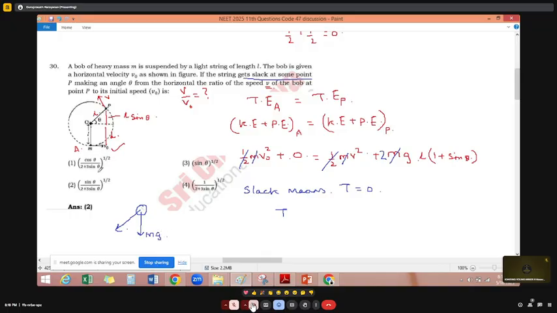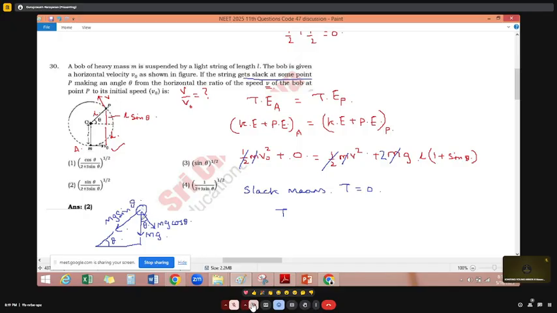If this is theta, this is 90 minus theta. Everyone listening carefully. So this is theta means this must be 90 minus theta, which means this has to be theta. Which means this will become mg cos theta, and this will become mg sin theta.